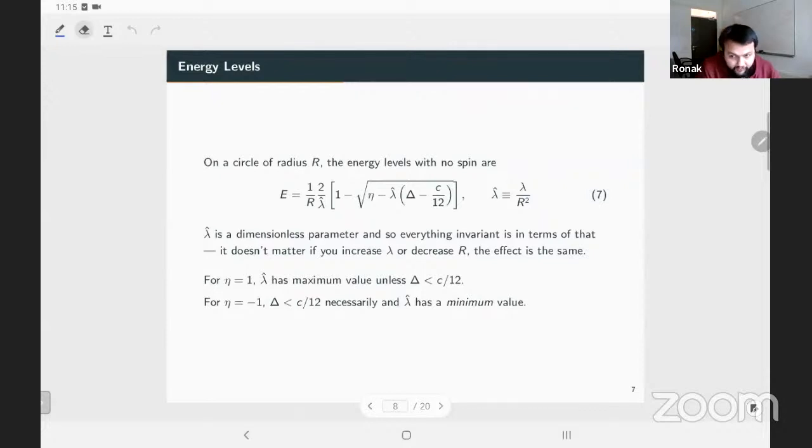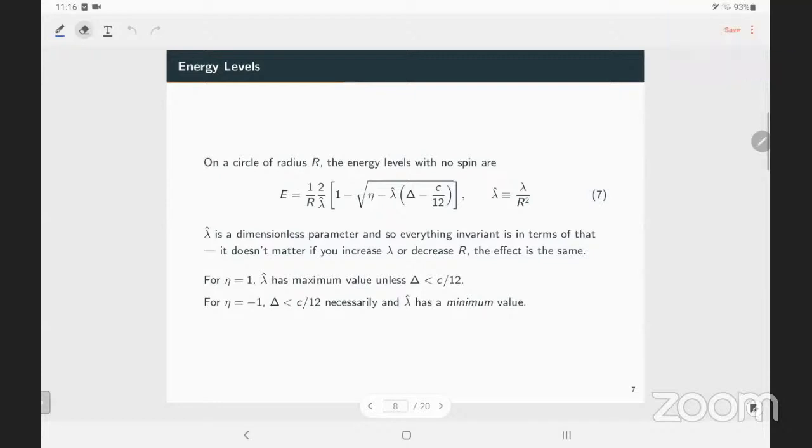So what are the conditions for reality? So suppose eta equals 1 and delta is greater than C over 12. Okay, then lambda hat has a maximum value. So notice that this is very weird because we just said that we are interested in lambda hat going to infinity. But here for delta greater than C over 12, there's a maximum value.